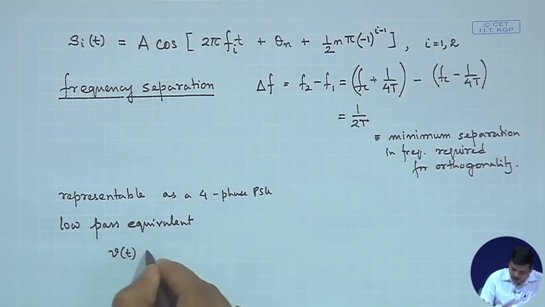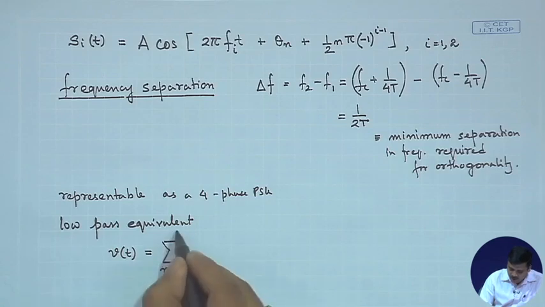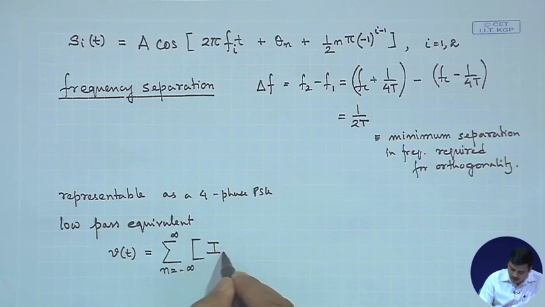V(t), you could also write that expression that we had given there in a form which is the sum of n equals minus infinity to infinity, I_2n. We will explain what this means.